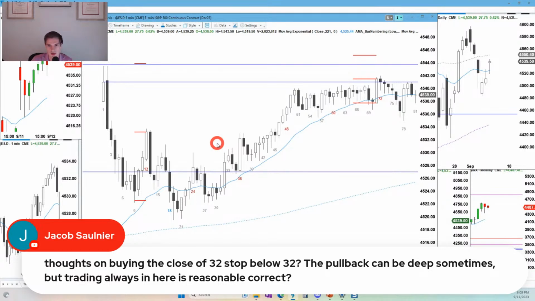Most bars in a trading range, most breakouts, if you just measure everything, you can buy a lot of 50% pullbacks of moves in trading ranges. But I don't have a problem with it. I think my problem with buying the close at 32 would be getting out below 34.